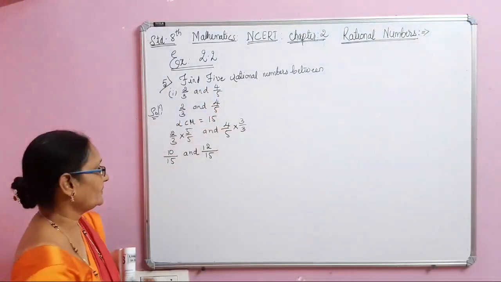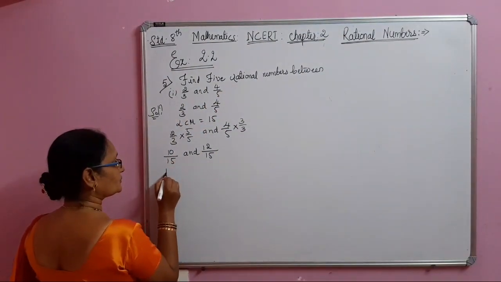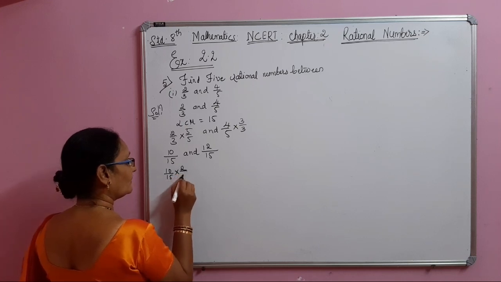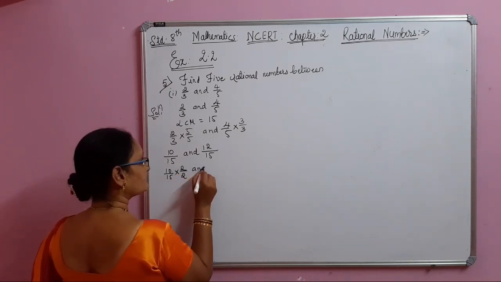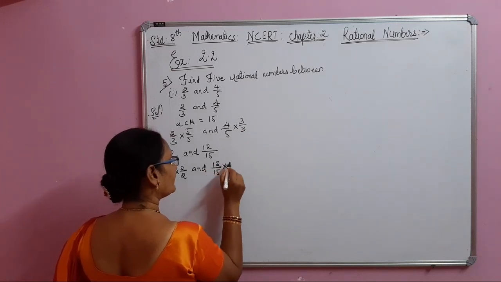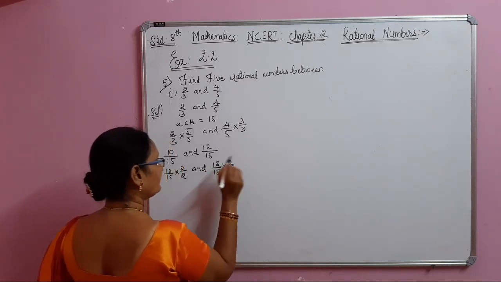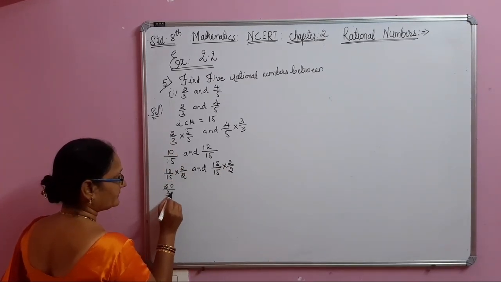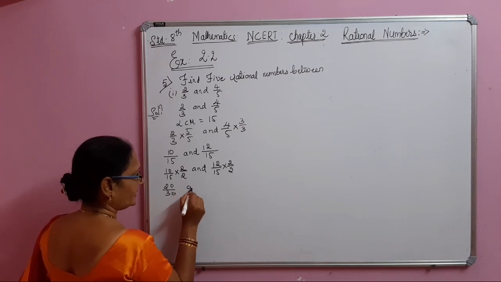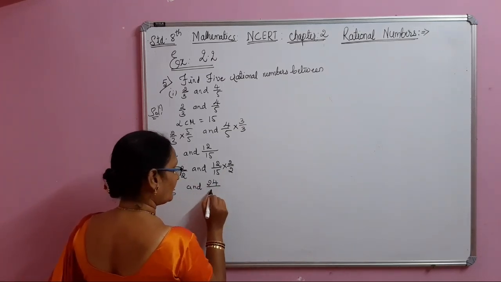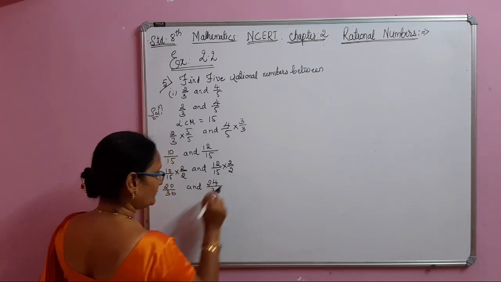5 we want. So better you multiply these by 2: 10 by 15 into 2 by 2 and 12 by 15 into 2 by 2. The same we have to multiply. 10 2s are 20 by 30, 15 2s are 30, and 12 2s are 24 by 30, 15 2s are 30.